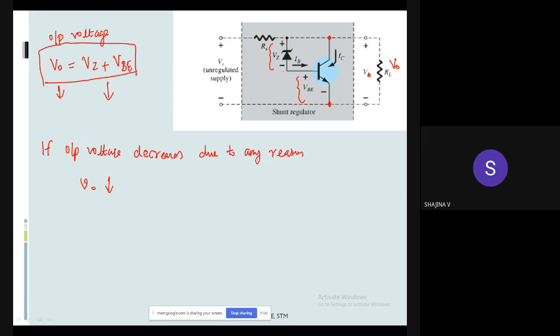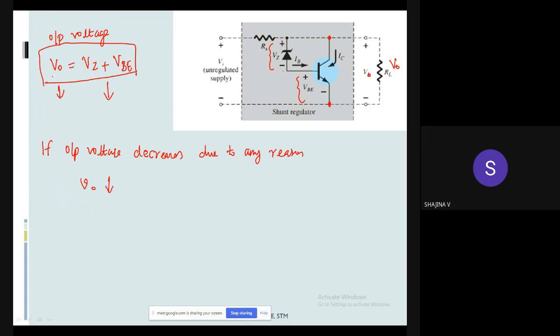But in this term, you note that our Vset is constant always, because Vset is the voltage across the Zener diode. The voltage across the Zener diode will be constant if it is operated in breakdown region. We have applied the biasing conditions such that the Zener diode is operating in reverse breakdown region and the voltage across the Zener diode will always be Vset.